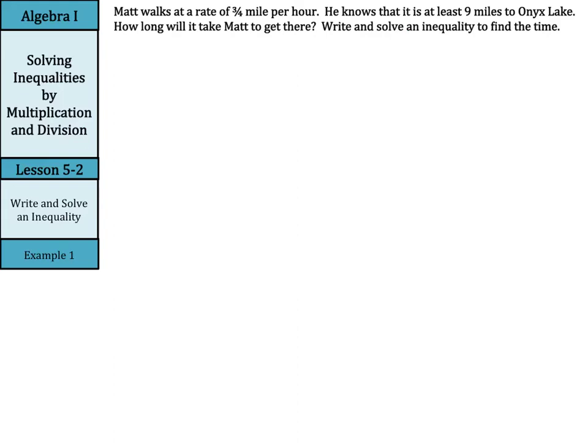Well, if he's going 3/4 miles per hour, we can say that is 3/4 times the time, and then we have our 9. Now, what inequality symbol can we put in there?